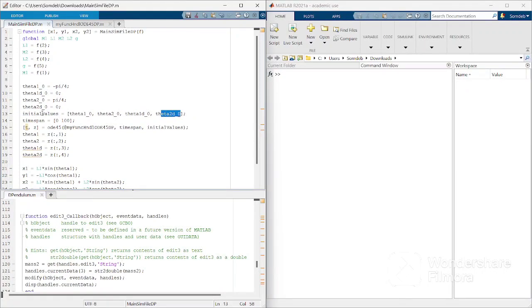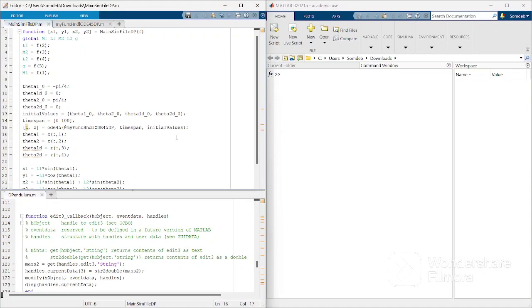So the initial values are theta 1, theta 2, theta 1 dot and theta 2 dot. The time span I have taken is from 0 to 100 seconds, and it's the ODE function which solves the motion of this double pendulum.